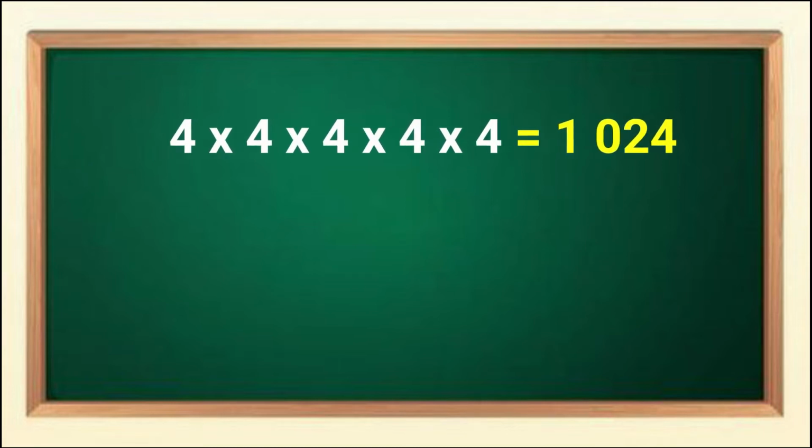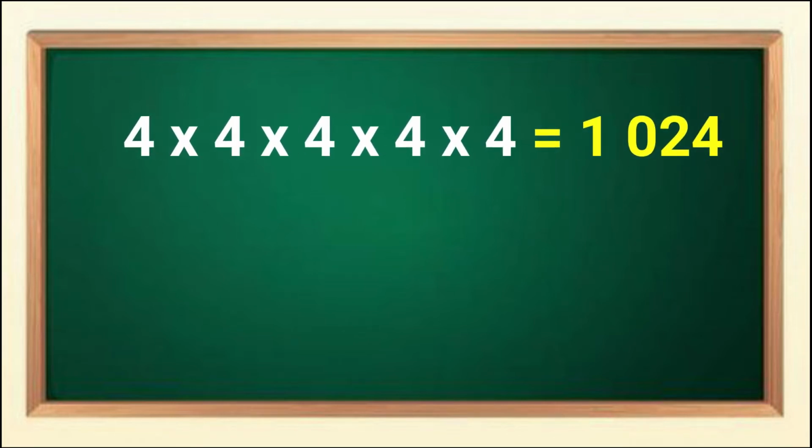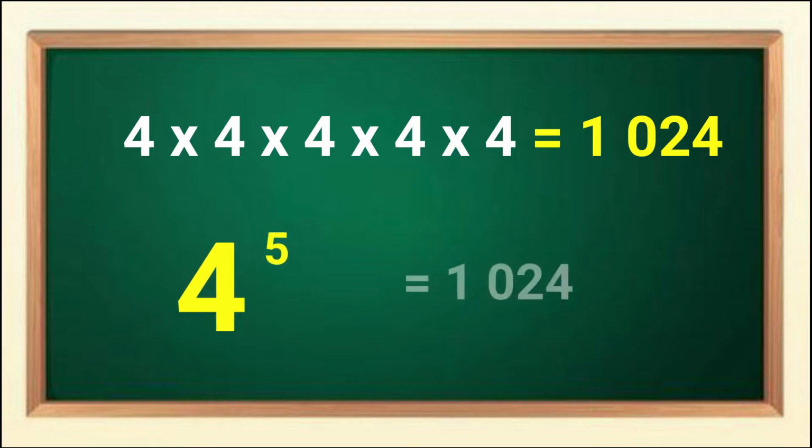Look at this equation. You can see that writing or reading number 4 for so many times is quite time-consuming or confusing. Don't worry, we have another way to show that equation. It can be written as 4 raised to the 5th power equals 1024.